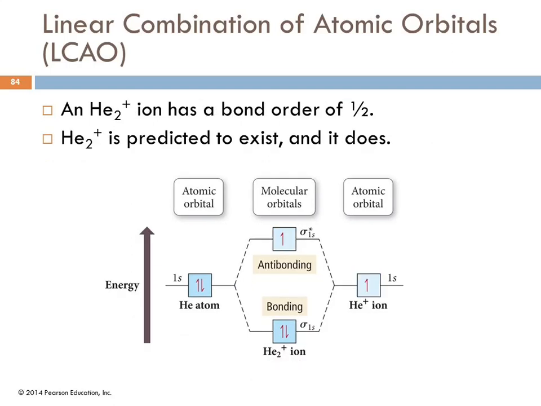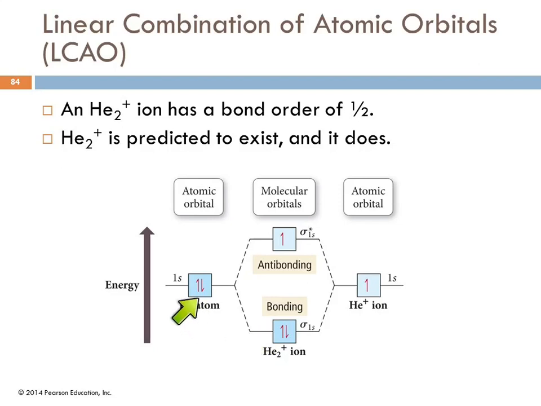What about an He2 plus ion? Well, it being an ion means that it's lost 1 electron. So one of these has 1 electron and the other has 2. That would give the combined ion a +1 charge. So here again are those antibonding and bonding orbitals.